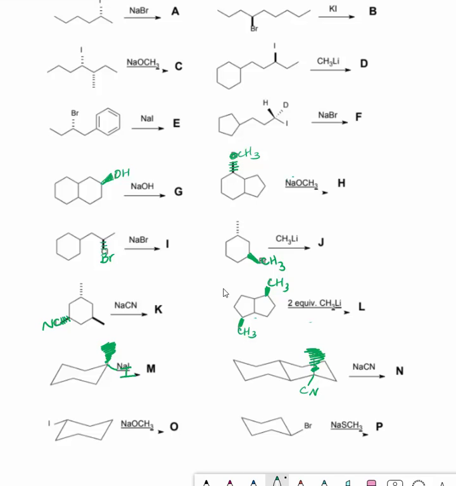And P, we have this thiomethoxy thing. And so the electrons are on the sulfur because remember, we have this sodium is a metal. It is delivering an anion. So the sulfur is going to come up under the ring because bromine is on top of the ring in this conformation, which will push the bromine off.